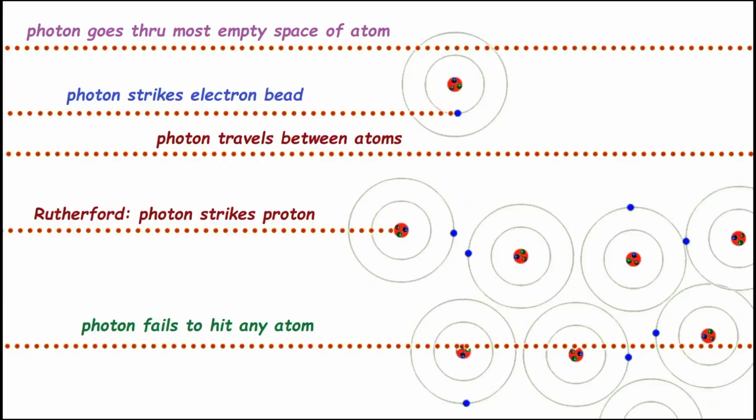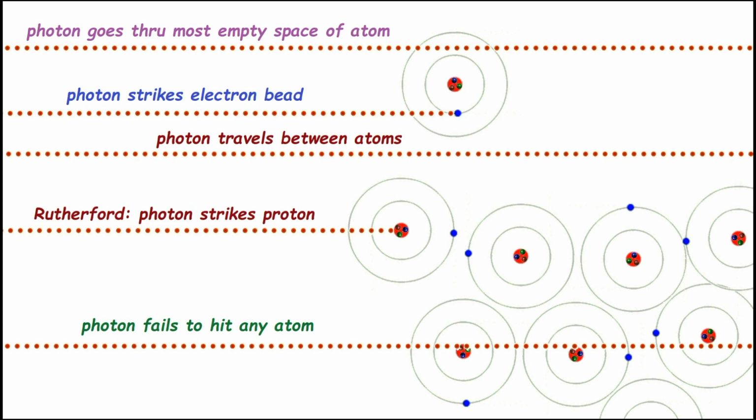Okay, here are the possibilities. Either a photon goes through empty space of the atom, right? Remember, Mr. Rutherford says an atom is mostly empty space. And so people have this idea that a photon can go through that empty space part of the atom. Or a photon strikes an electron bead, in which case there's two versions there. One is that it absorbs this wave or this energy, whatever they call it, and then it doesn't go through.